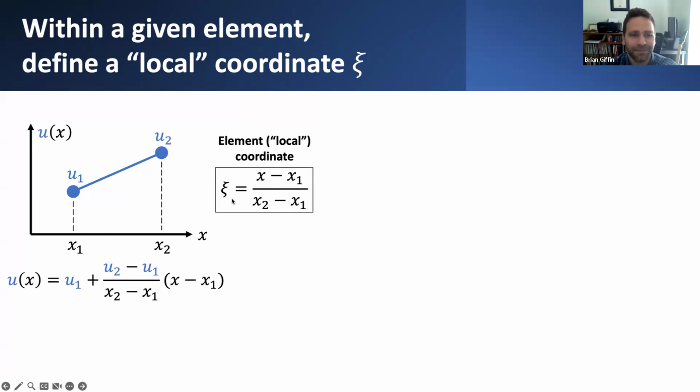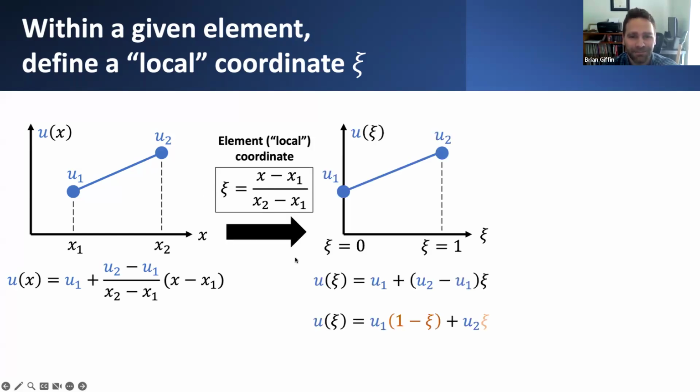That's the simplest way to make this substitution, defining the element local coordinate system as starting from 0 and going up to 1. And if we do this, we can represent this function as ranging from the element's local coordinate xi equals 0 up to xi equals 1.